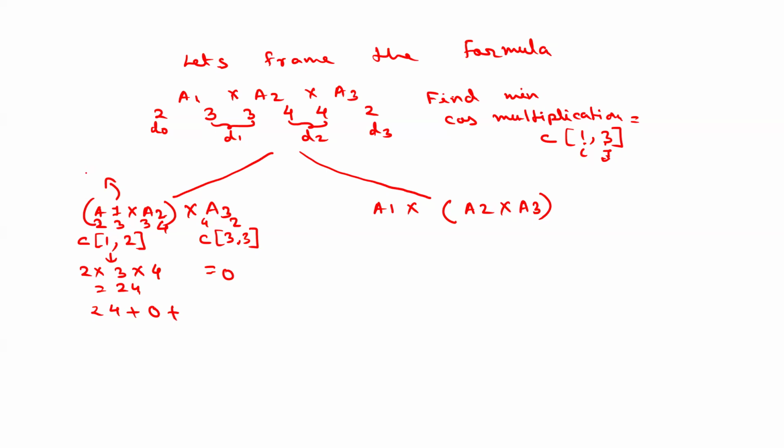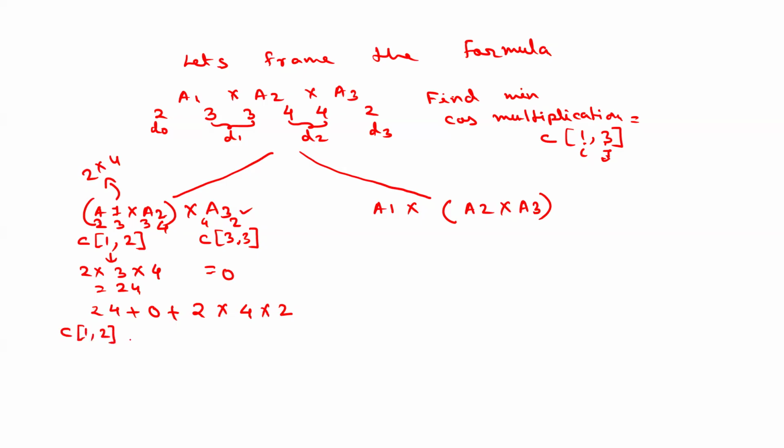So 24 plus 0, then A3 is multiplied with the resultant matrix of A1, A2. What is the dimension of the resultant matrix? That is 2 cross 4. Okay. So it will be 2 cross 4 cross 2. Now how to formulate it?